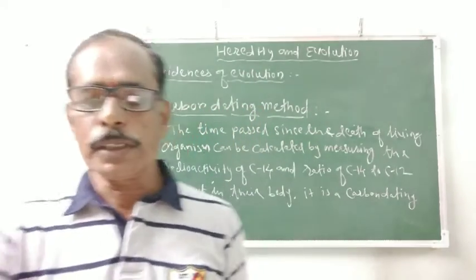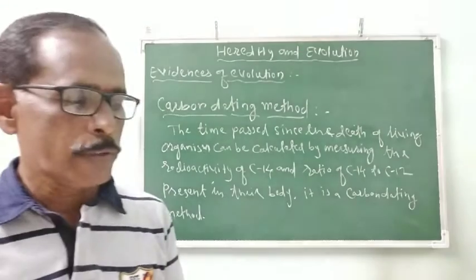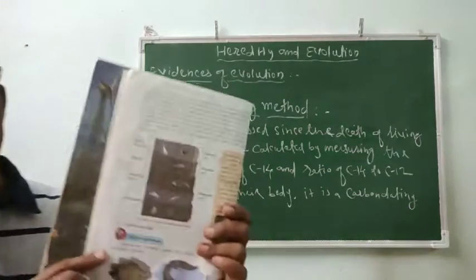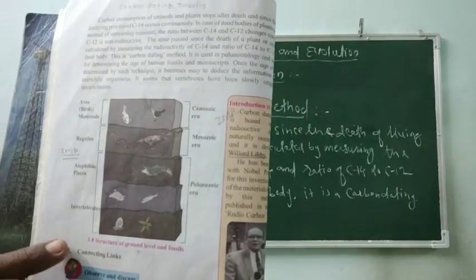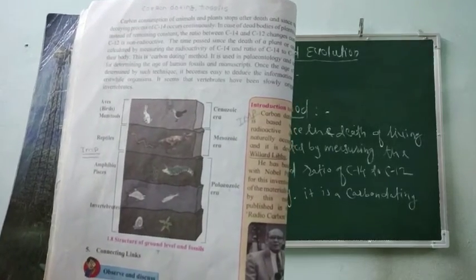When we observe the figure, see here, it is a figure in our book. It is the Paleozoic era, and in the lowest part of the earth we find the fossils of invertebrates like snails and starfish.